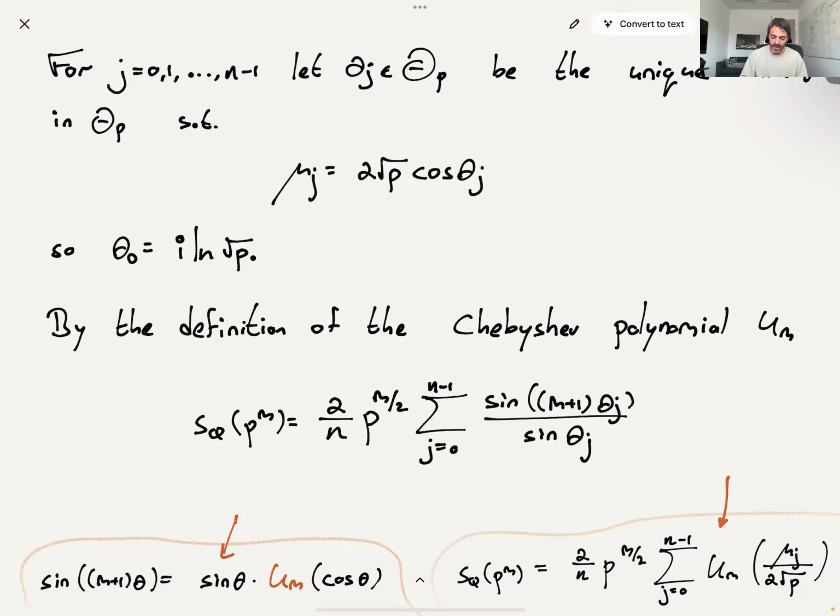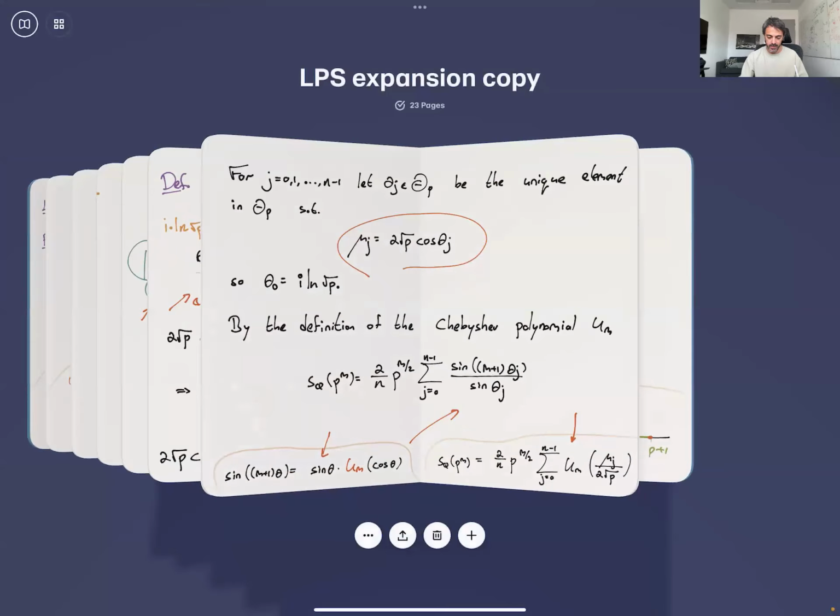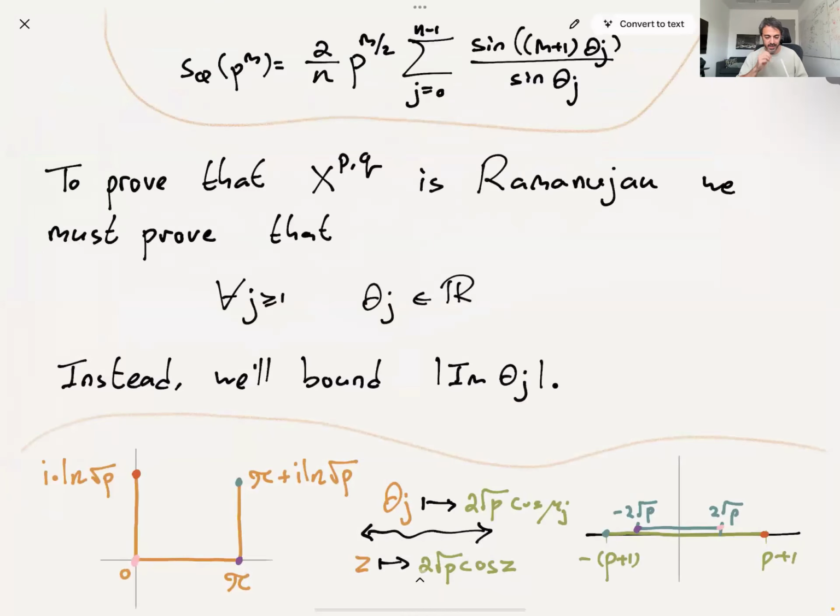So I'm just plugging it in here instead of U_m of mu j over 2 square root of p, and I'm using the fact that cosine of theta j is mu j over 2 square root of p. Okay? So in terms of the theta j's, we can write S_Q of p to the m in the sum like that. So that's what's written here.